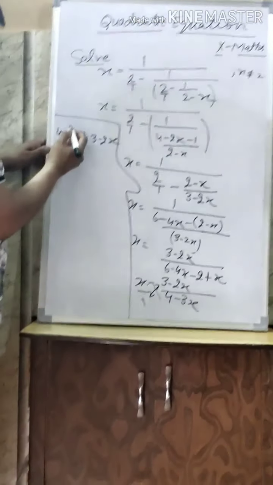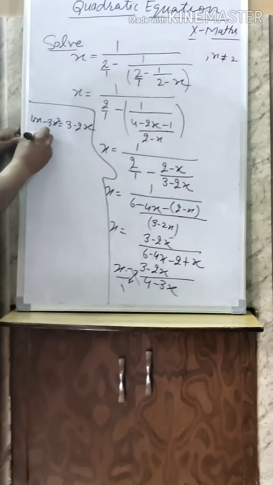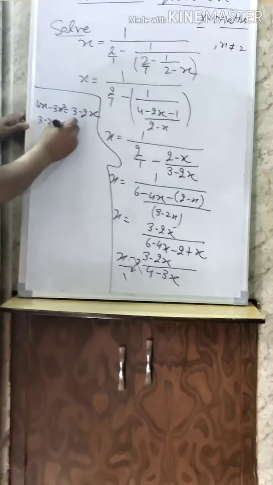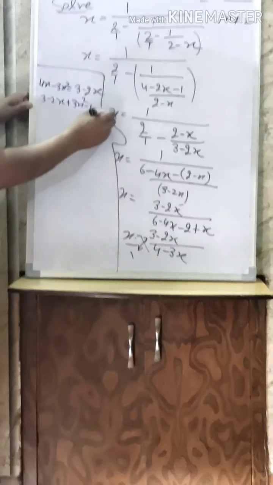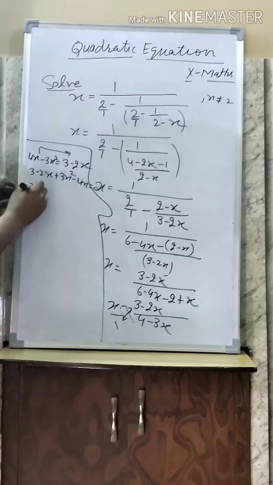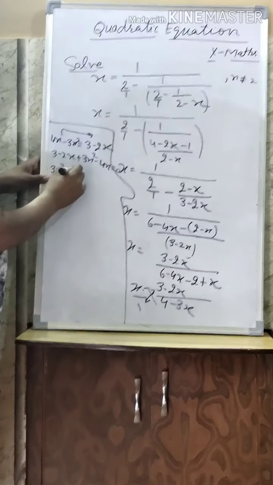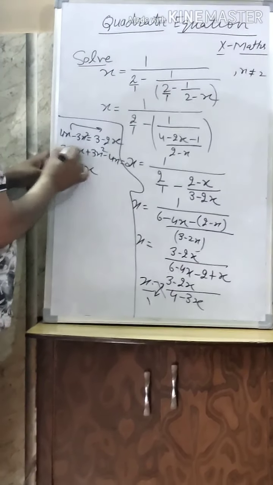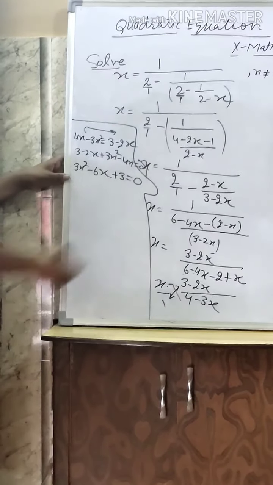Now you shift everything to one side. So 3 minus 2x plus 3x here minus 4x is equal to, you shift all to this side, so you see 3x here minus 4, minus 2, minus 6x plus 3 is equal to 0.